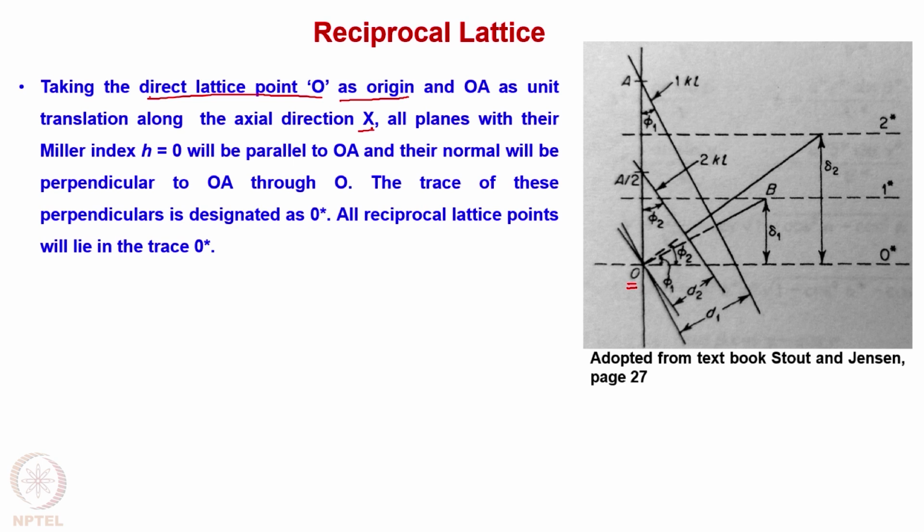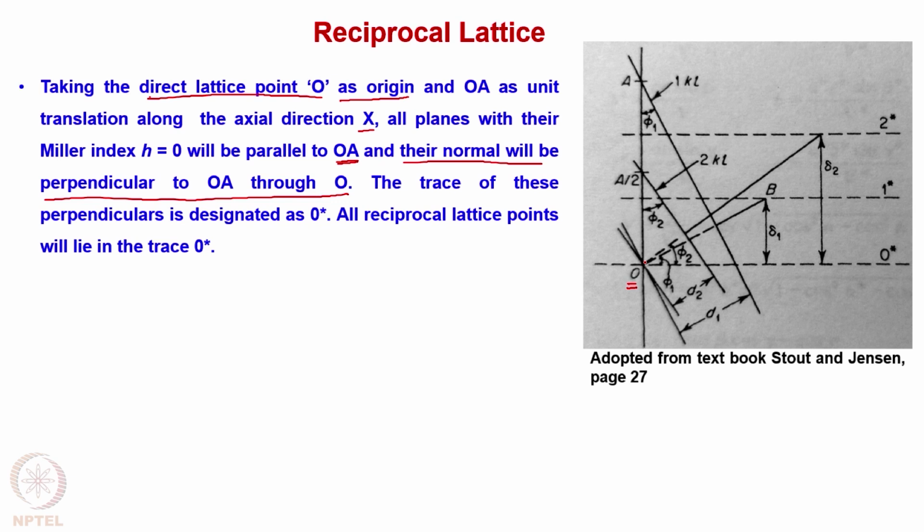So if we have such planes parallel to the x-axis and we draw a perpendicular from O, their normal will be perpendicular to OA through O. That means the perpendicular that we draw from the origin will be perpendicular to OA, which is along the x-axis.